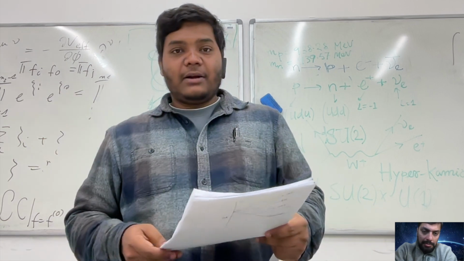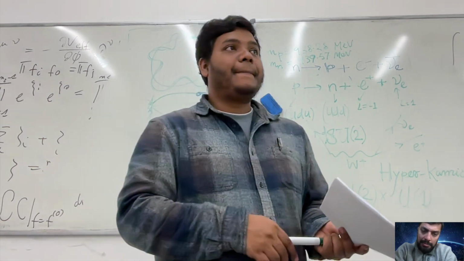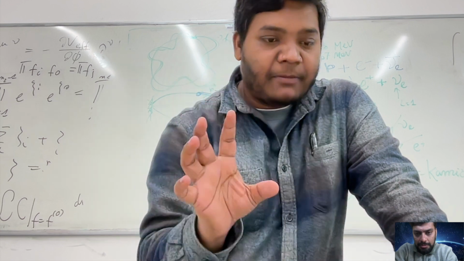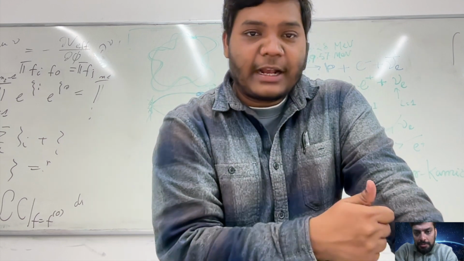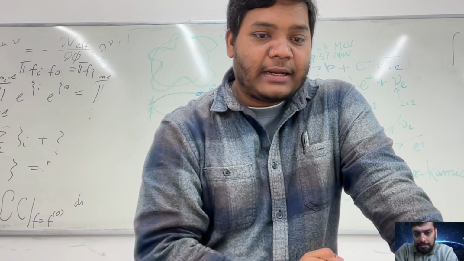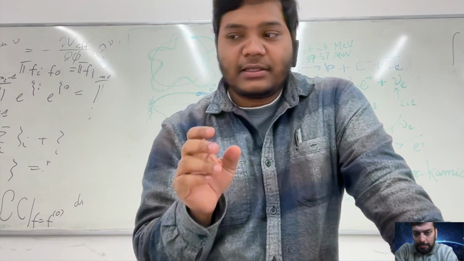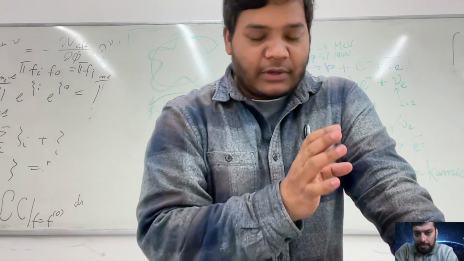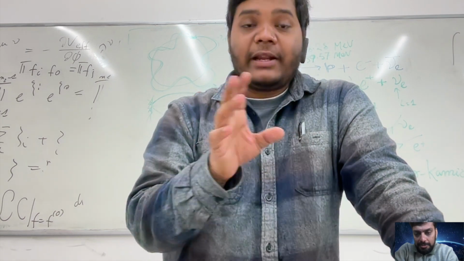Usually, in all kinds of interaction, I will try to give a very brief picture. Firstly, about the Feynman diagram, how one can draw the Feynman diagram, and then these two interactions, the weak interaction and the electromagnetic interaction.